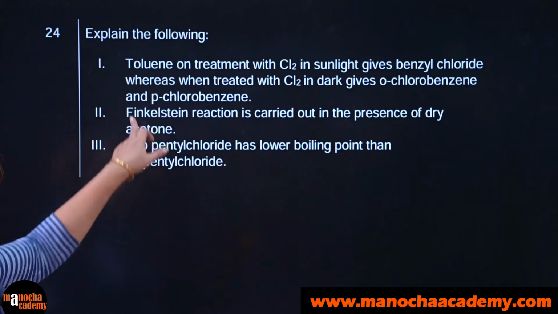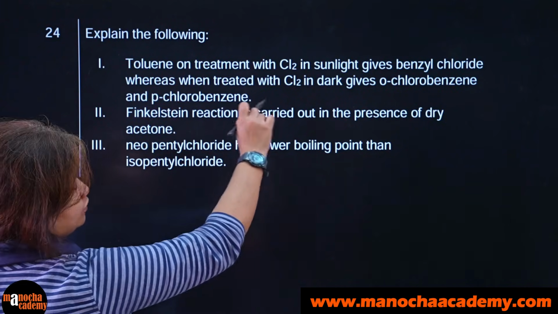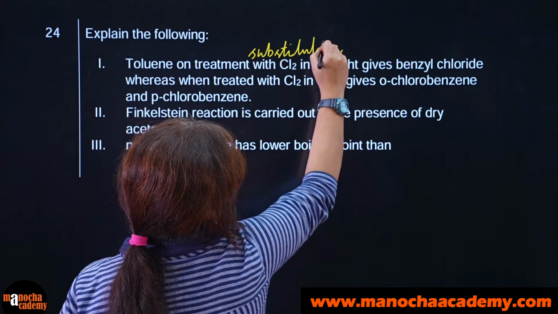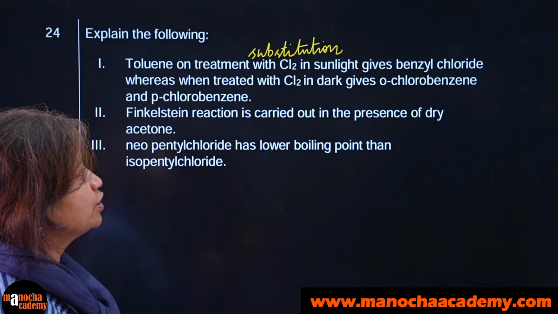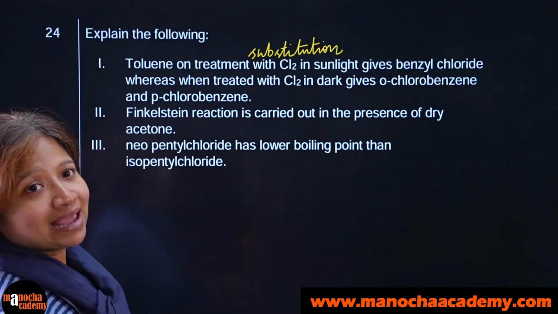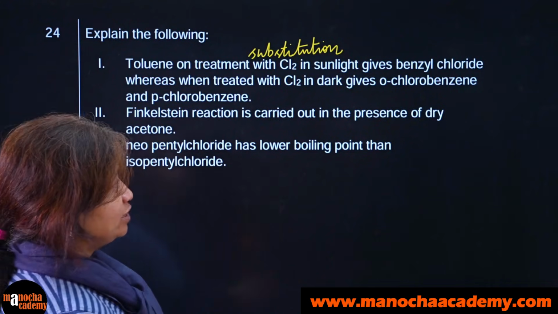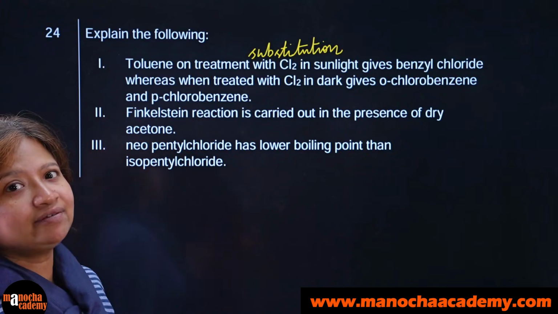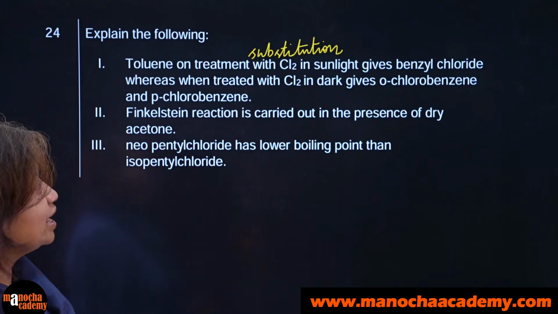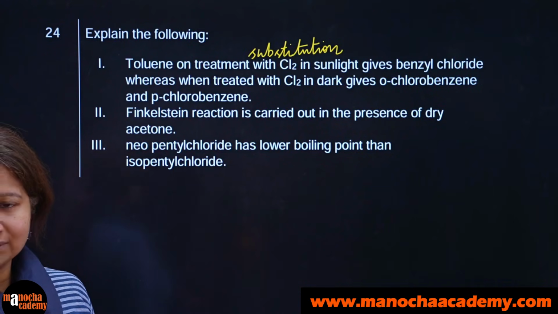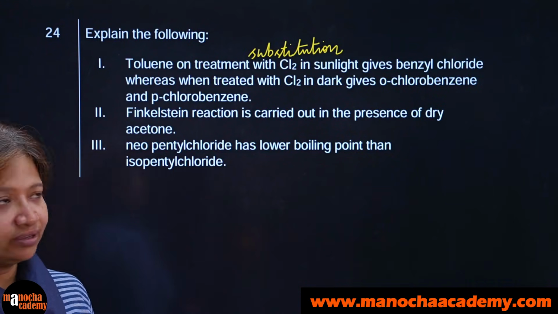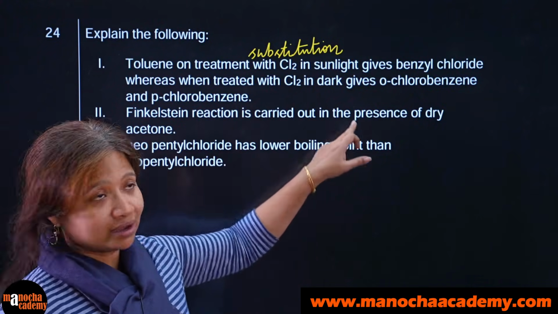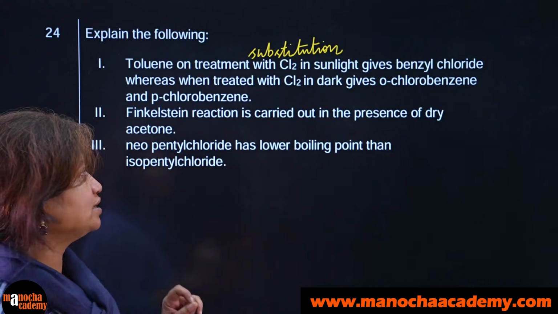Now here you are mainly going to write that toluene on reaction with chlorine in sunlight is a substitution reaction, where the intermediate benzyl radical ultimately forms the product benzyl chloride. It's a homolytic cleavage reaction.